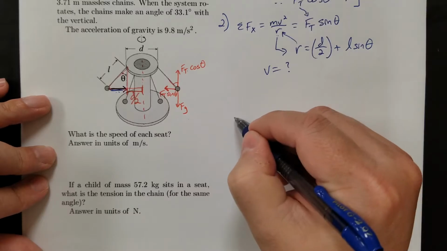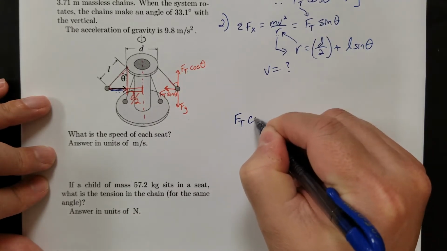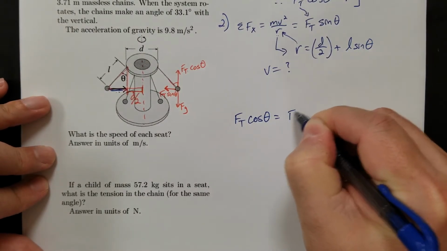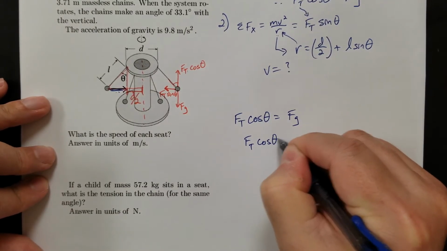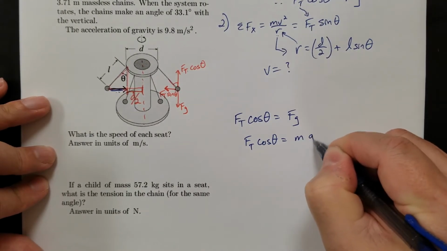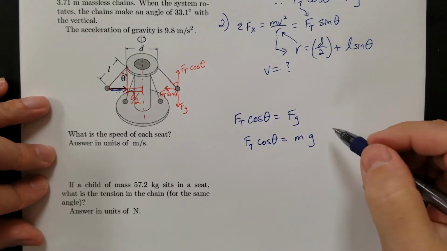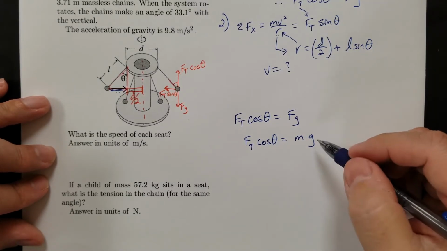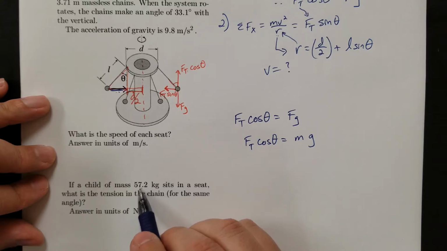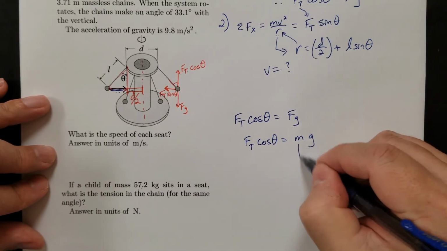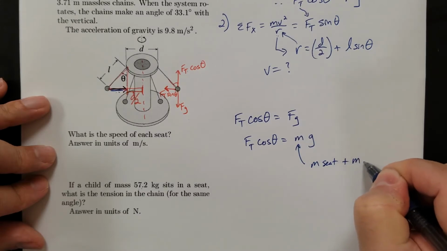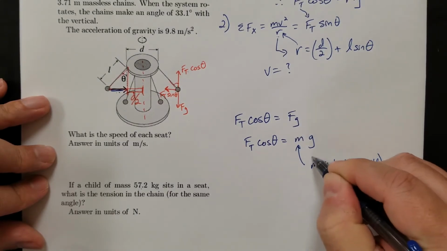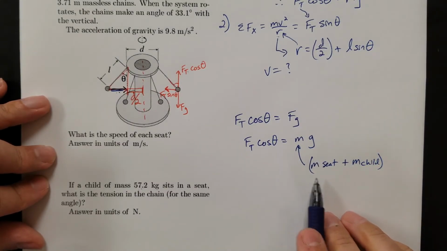From my y equation, F_T cosine theta equals F_g. So F_T cosine theta equals the mass times g. The question is, what's the mass? The mass is the mass of everything. The child has a mass of 57.2. So this mass is going to be the mass of the seat plus the mass of the child. You have to add those two together, and that'll give you that.